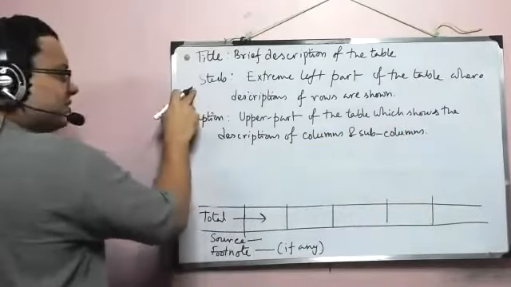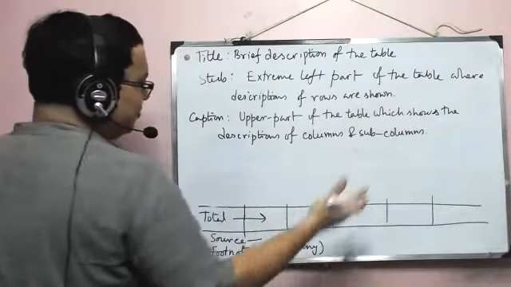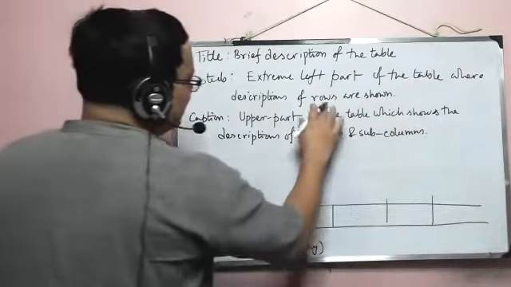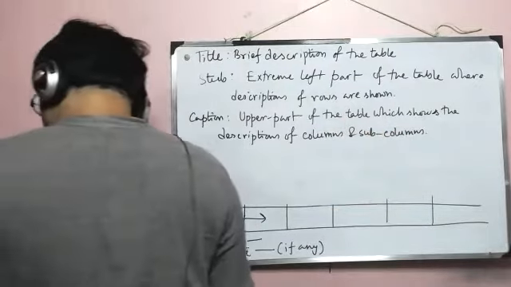Now in the stub also you can have sub rows. There is no rule like this that only rows will be there. All right, so there can be sub rows and also there can be sub columns.